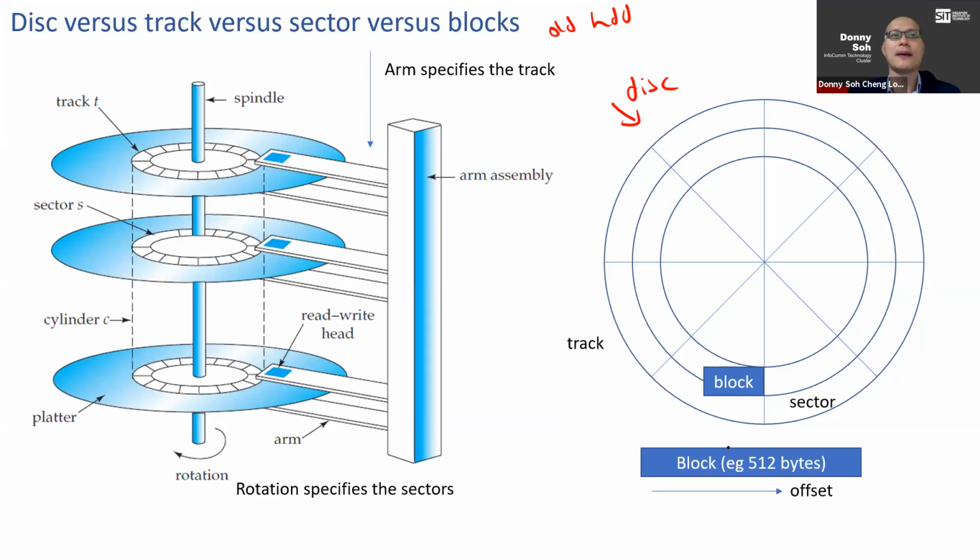One track is divided into multiple sectors, and in every sector there is a single block, and the block has memory of 512 bytes. So this is just some revision of what a disk memory looks like.